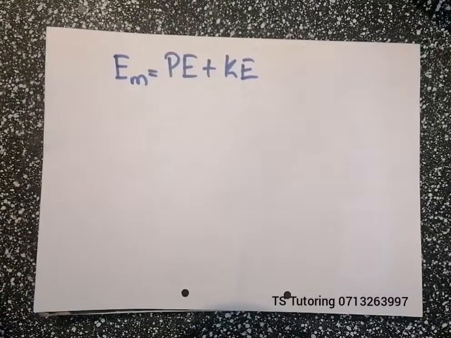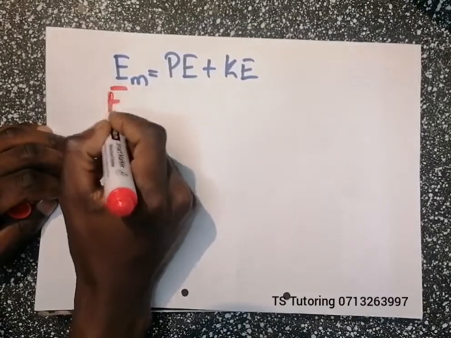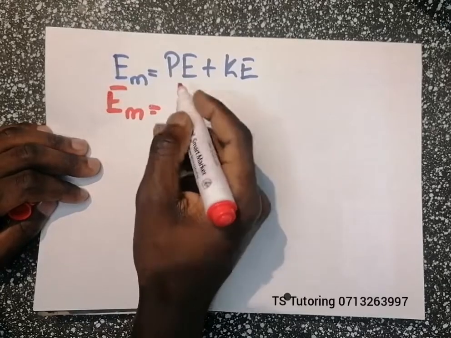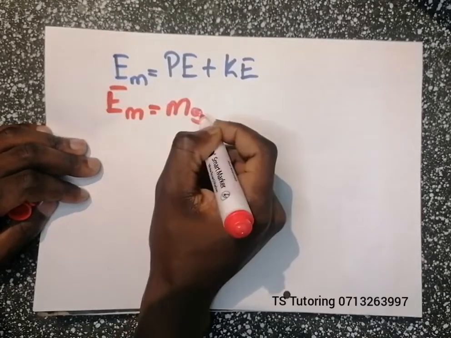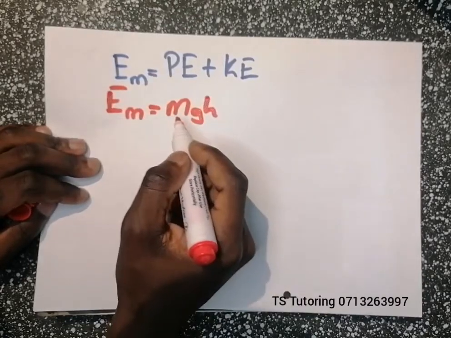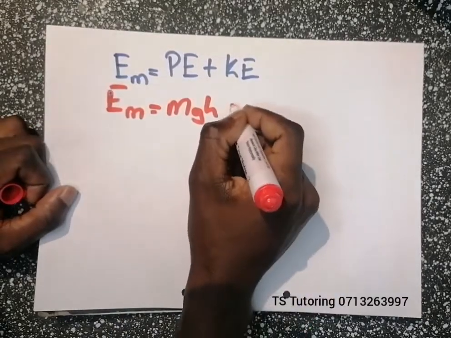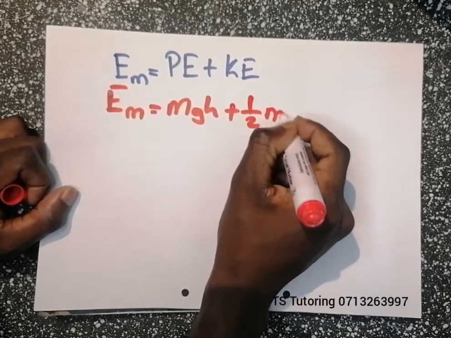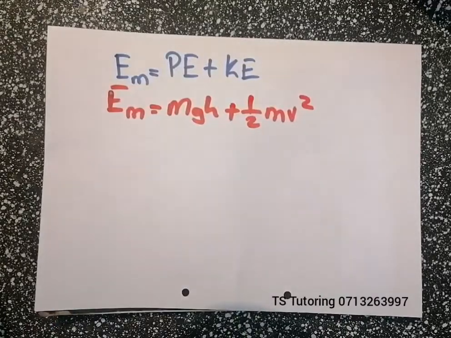The gravitational potential energy, we can get by using this formula, mgh. M stands for the mass, g for gravity, h for the height, plus the kinetic energy formula, which is half mass velocity squared. This is how we get the mechanical energy.